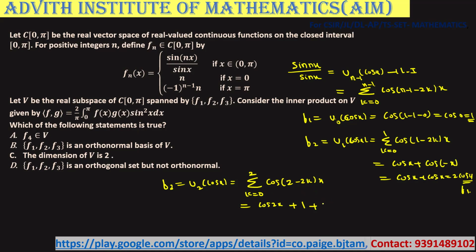Cos of minus 2x is nothing but cos 2x, which is equal to 1 plus 2 into cos 2x, same, which is equal to f3 ఇంతకు ముందు చేసినాం. So therefore it is linearly independent set and also orthogonal. So therefore option B is the right one, sir. Option B is the correct one.